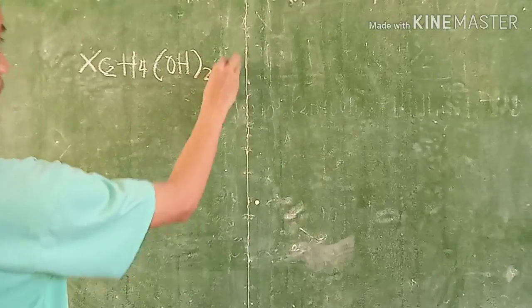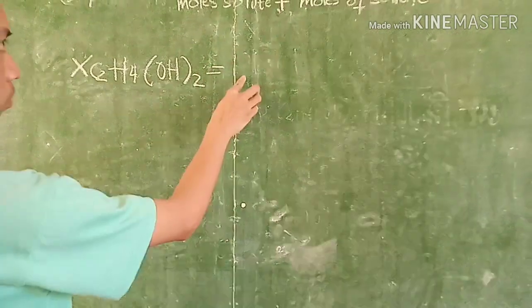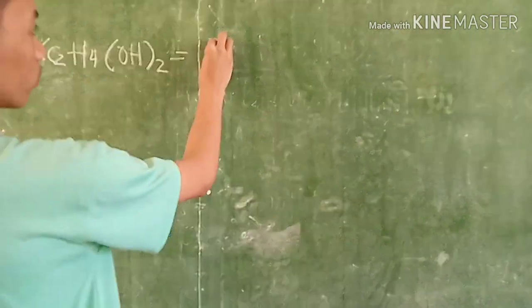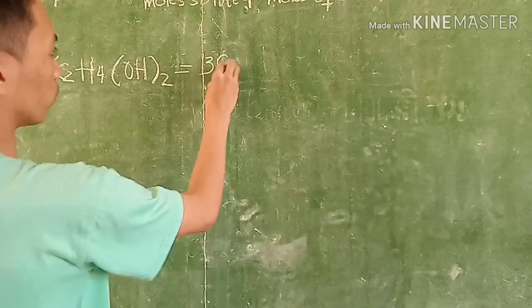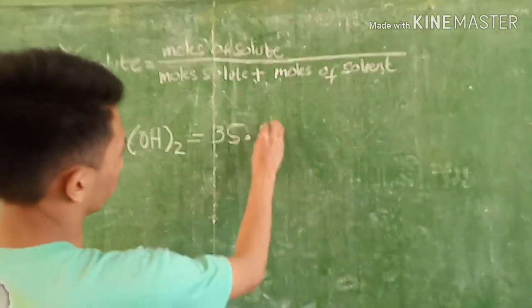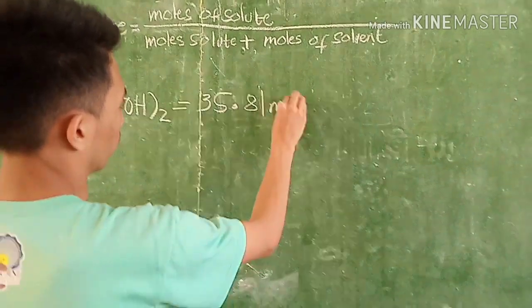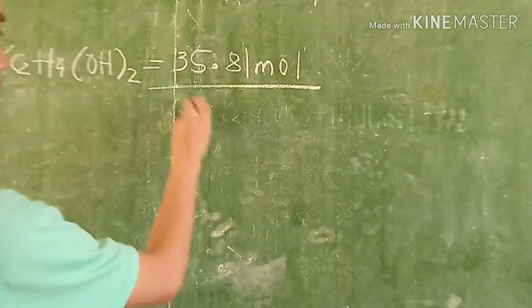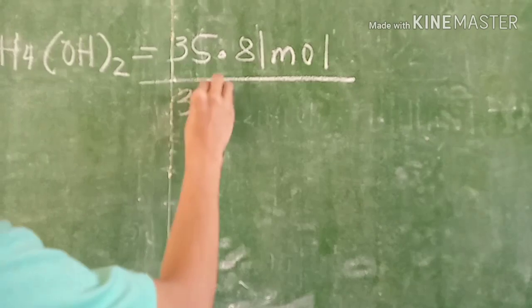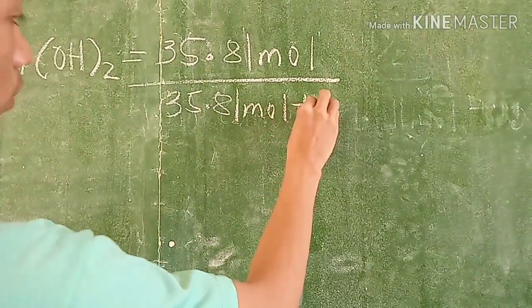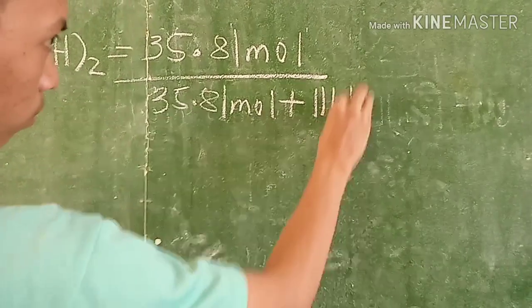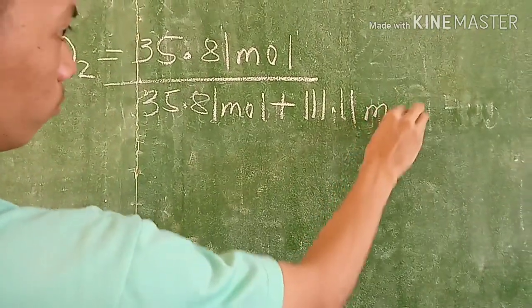We can now solve the mole fraction of ethylene glycol, which is 35.81 over 35.81 plus 111.11 moles.